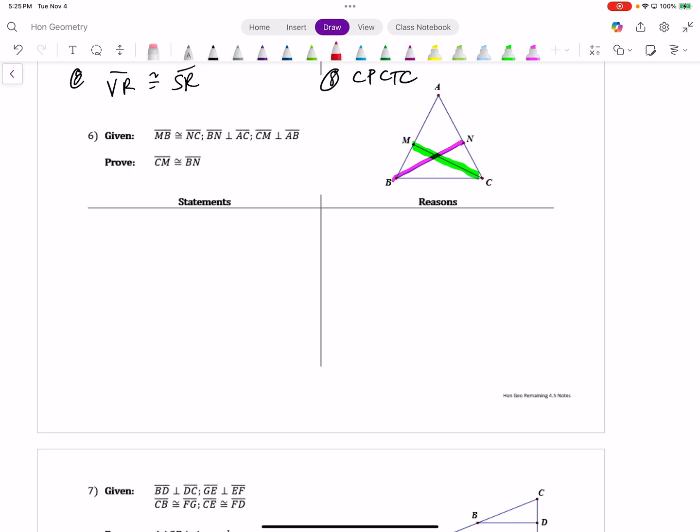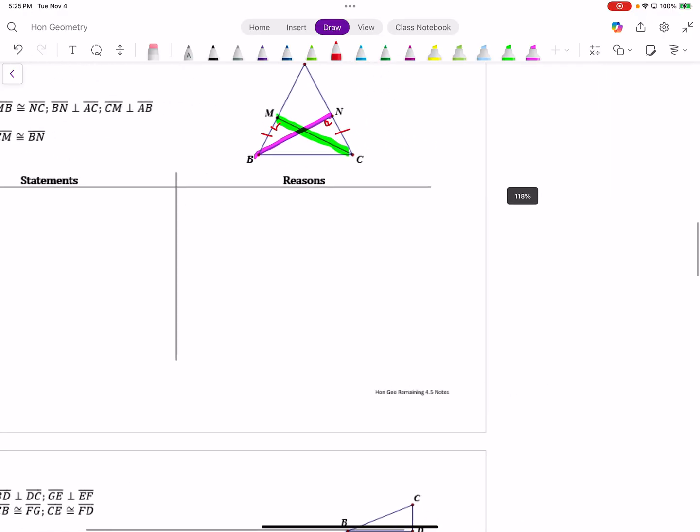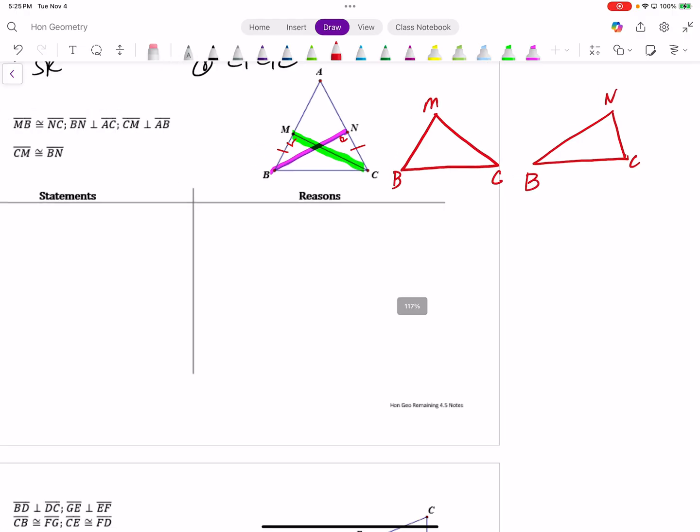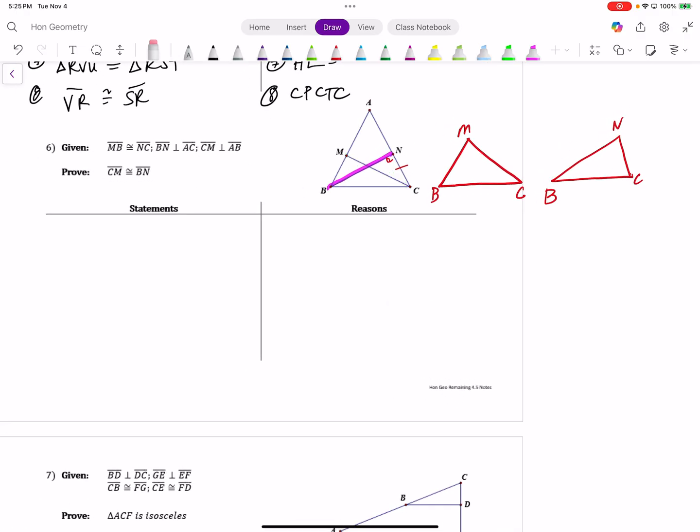What I do know is that MB is going to be congruent to this, that BN is perpendicular to AC, and that CM is perpendicular to AB. So that lets me know which triangles I'm looking at. I'm going to look at triangle MBC and triangle NCB.